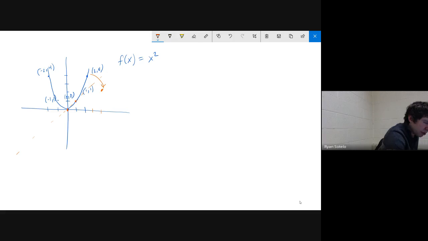So it sort of mirrors. And then swapping the x and y, so instead of minus 1, 1, I'm going to switch those to make it 1, minus 1. So at 1, you have the minus 1. And at 4, you also have minus 2. And this is always the case, because you're swapping the x and y.